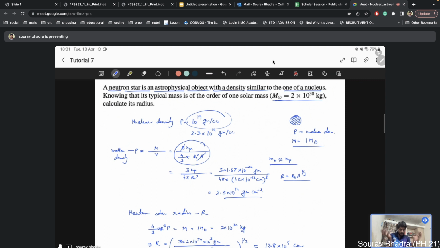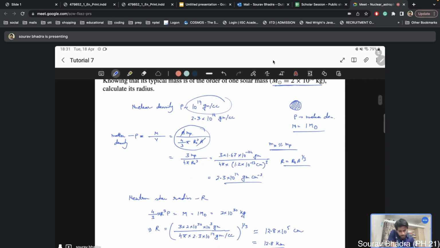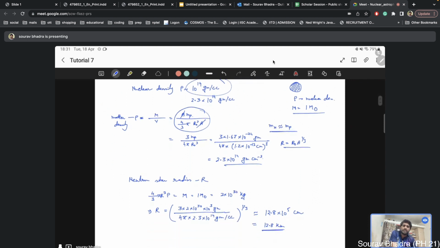So the core of the sun has converted into a neutron star. That's why it has a very small mass. Most of the mass has been blown away by the supernova. That's why, using the typical value of 1 solar mass and the nuclear density, we have calculated the radius, which is of the order of 12.8 kilometer.